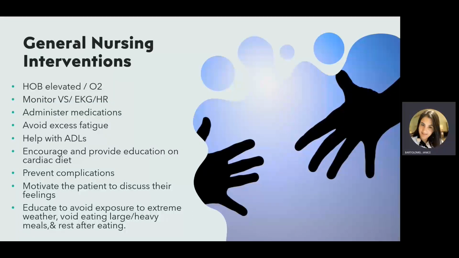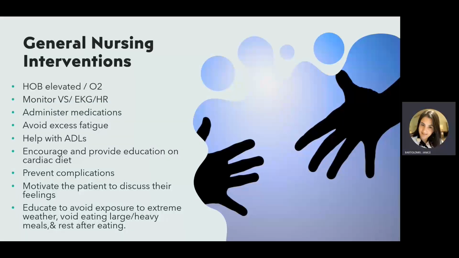You want to educate them to avoid extreme weathers, especially hot weathers, because heat dilates and you're already taking a dilator. So again, your blood pressure can drop or plummet. Do not eat large or heavy meals and rest after eating.